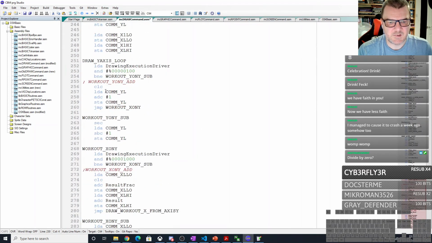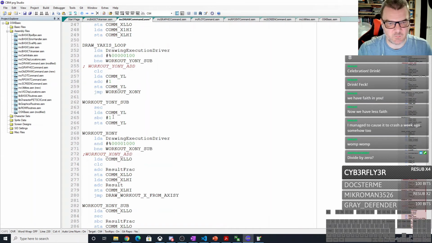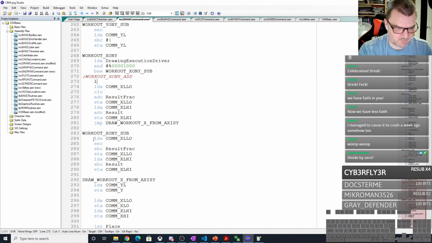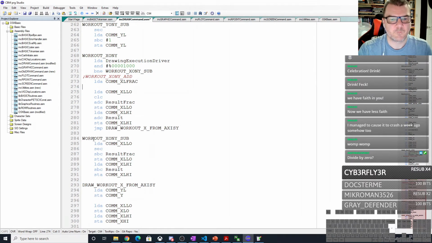Right, so the working out here is the same as before. So we're adding 1 to the y, so that's right. Subtracting 1 to the y. So this is the x that we need to do now. So the x is LDA com underscore XL frac, ADC result frac, store it there.